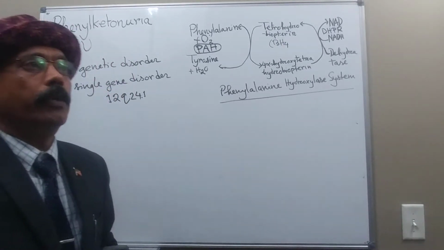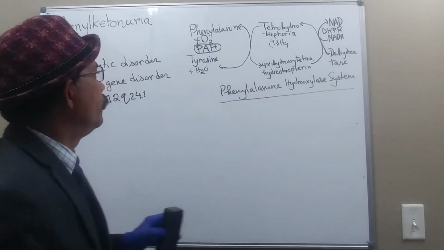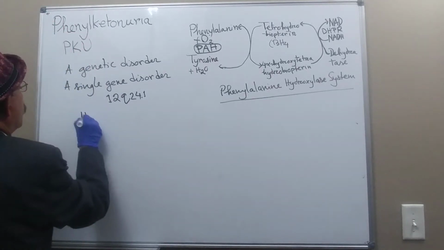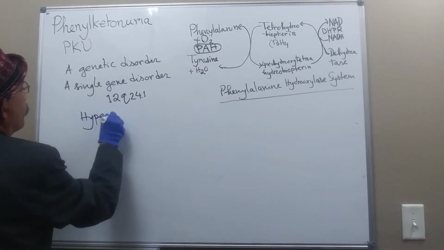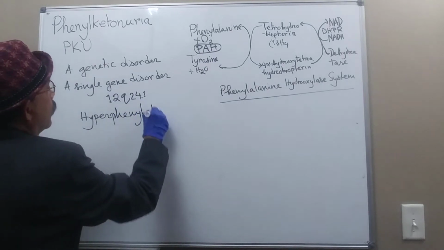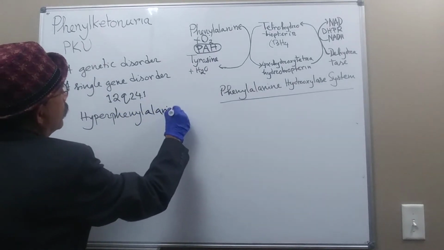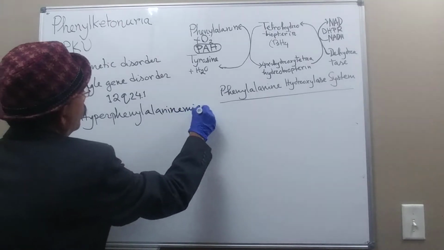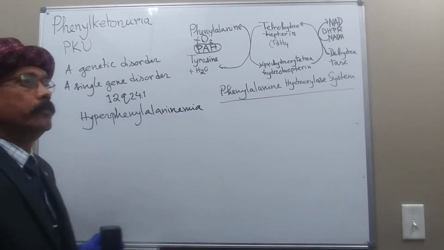There is a defect in the metabolism of phenylalanine, so we get hyperphenylalaninemia.